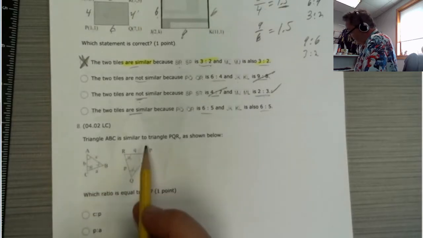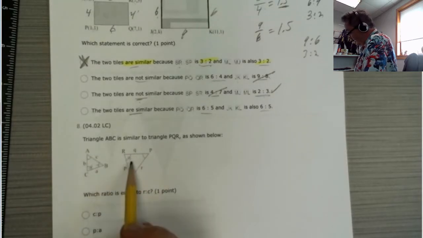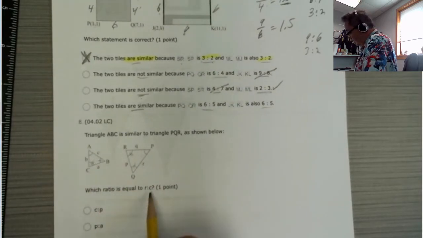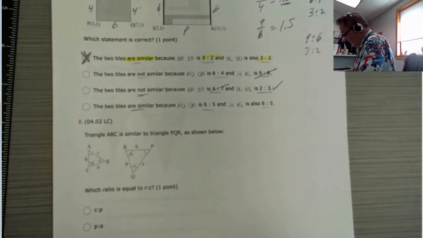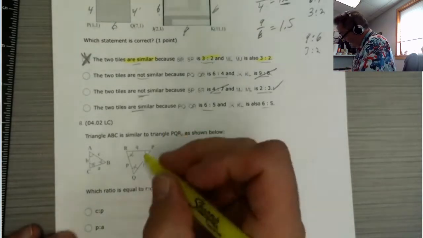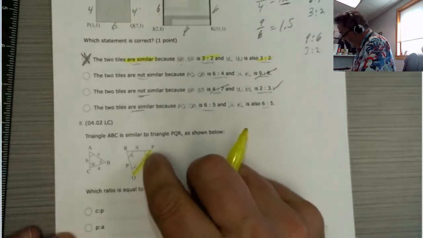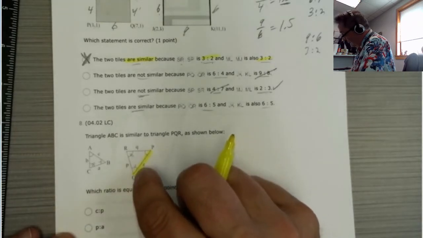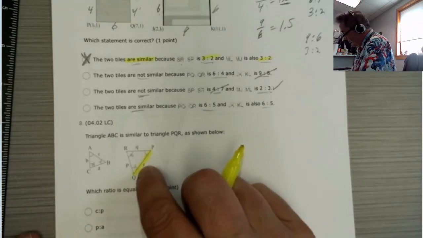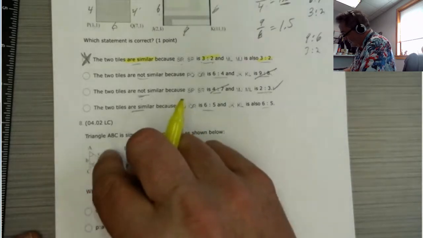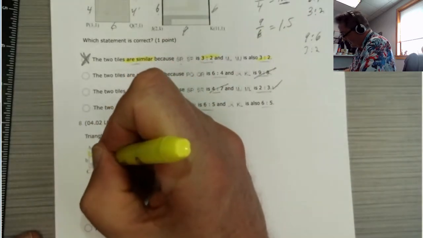Triangle ABC is similar to triangle PQR. Here's ABC, here's PQR. Which ratio is equal to RC? Okay, well, let's see. R is this side here, and it's between the angle that is just plain and the one that has 1 tick mark. C, right there, is the same side.